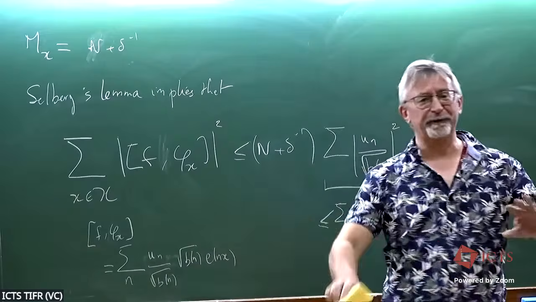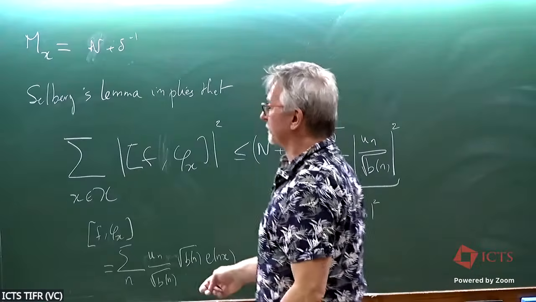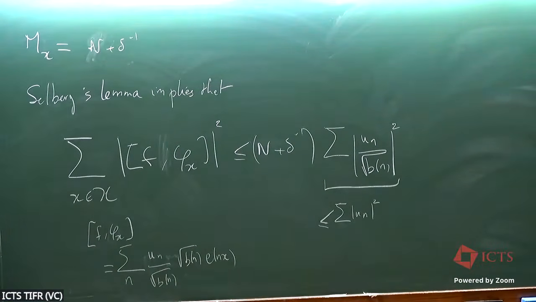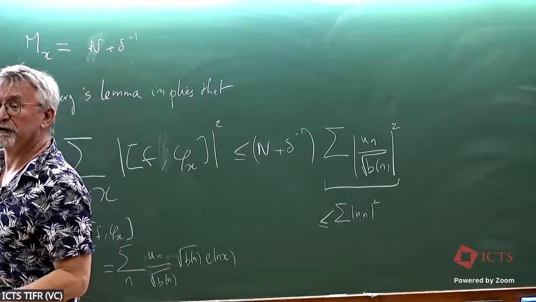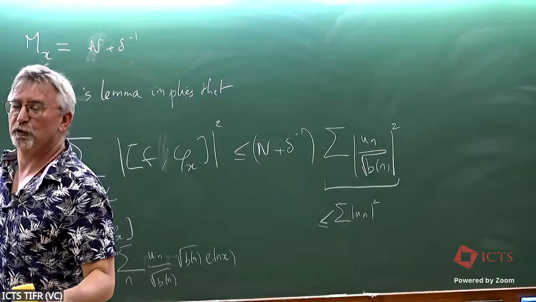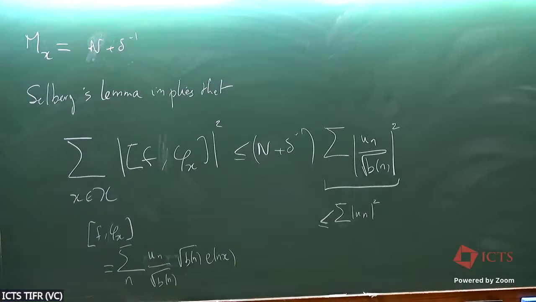So there's a part of magic with this b_n. You can easily remove this b_n, just take phi of x equal e_n(x) on a finite interval, compute that, and you'll see that the scalar product is not 0, but it's not so big, at least on average. You'll prove something similar, except that instead of having delta minus 1, you'll have delta minus 1 times log of 1 upon delta or something like that.